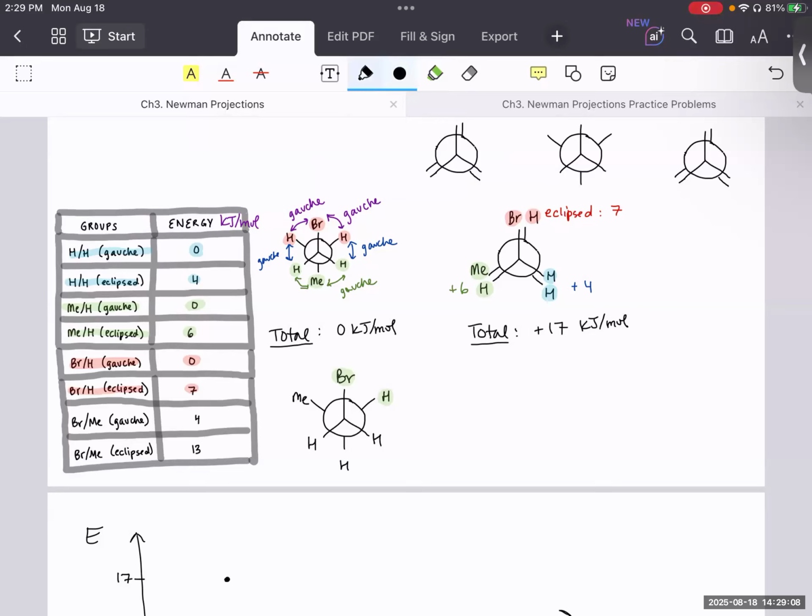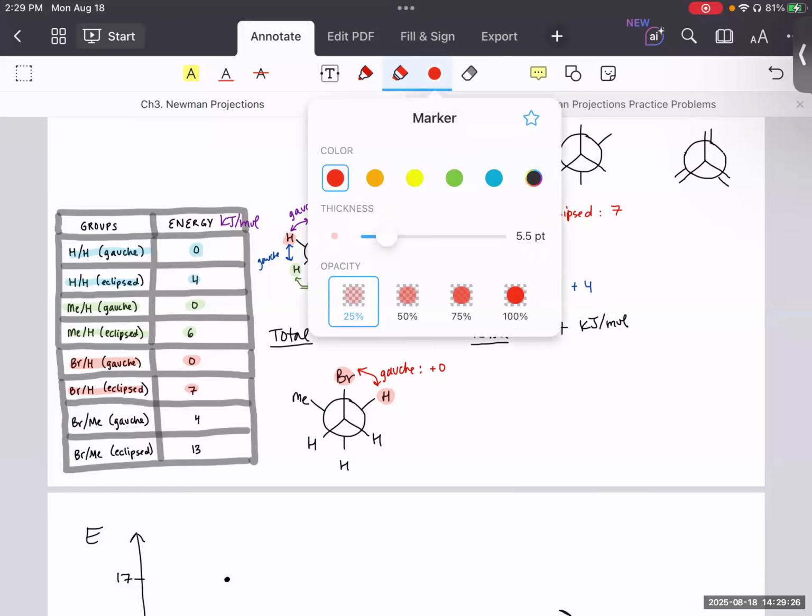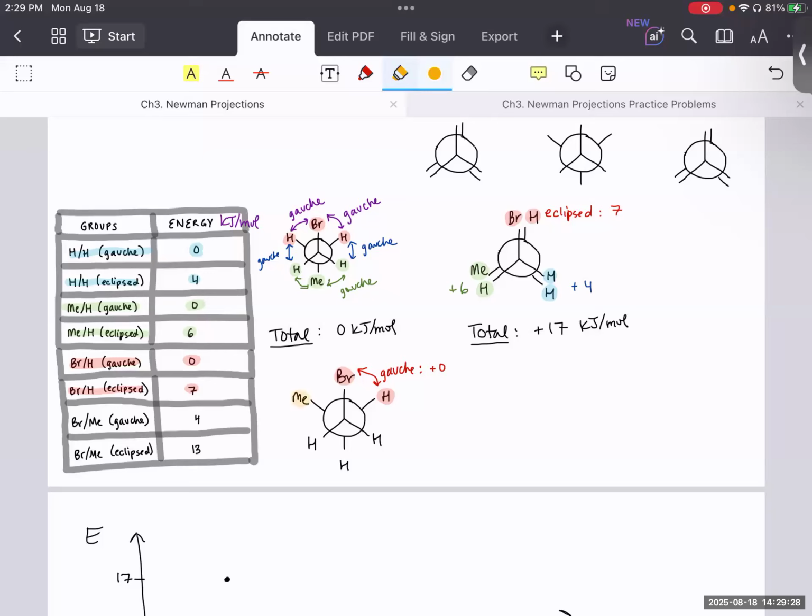So we have a bromine and a hydrogen gauche interaction. And this will give us a contribution of plus 0. Next, we have a methyl and a bromine interaction here, and that's gauche also.